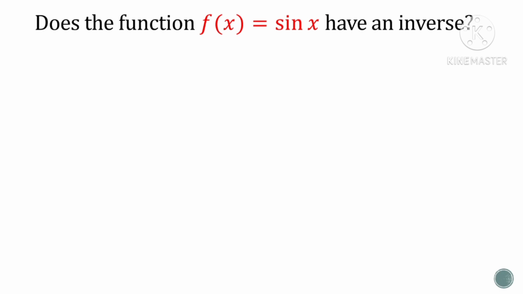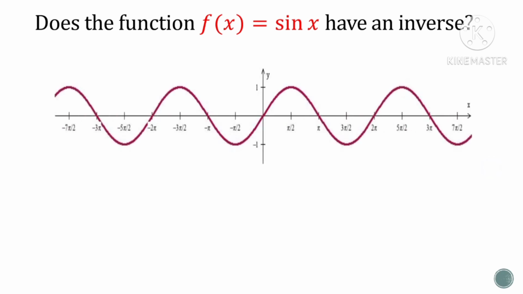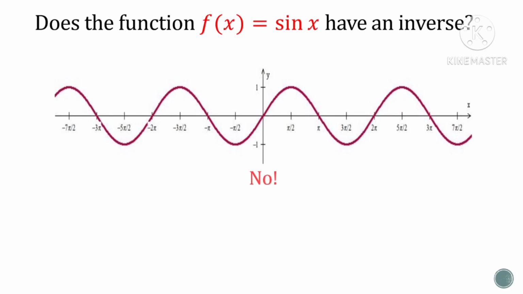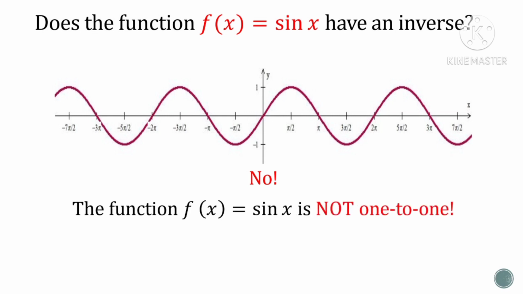We will consider trigonometric functions now. Suppose f(x) is equal to sin x. Let's recall the graph of sin x. Does this function have an inverse? No. Why? What type of function is this? It is not 1 to 1, but it is many to 1.